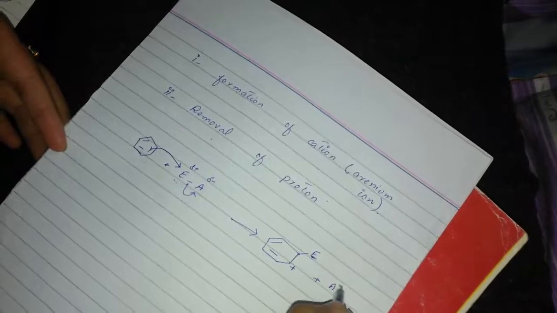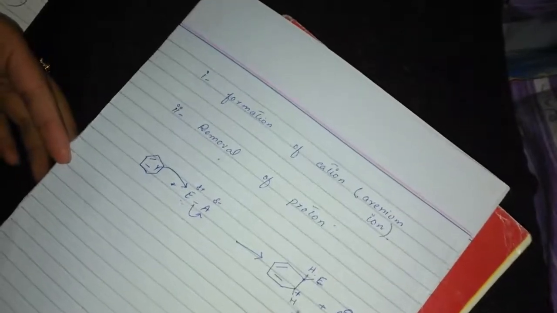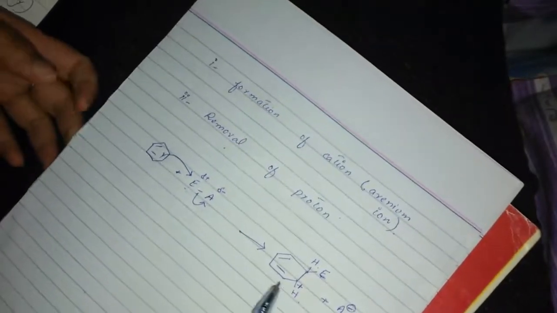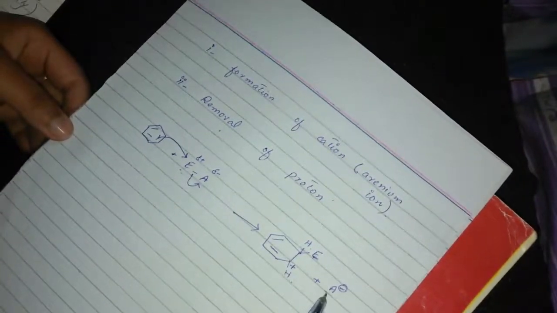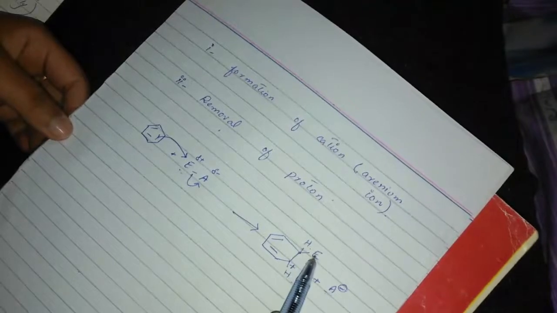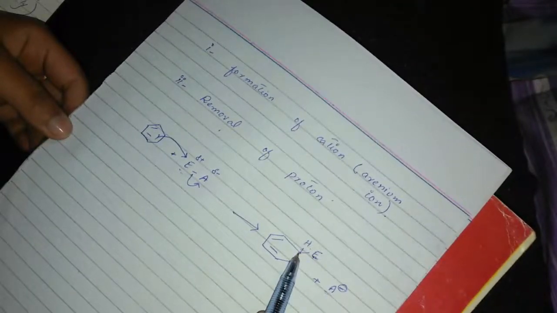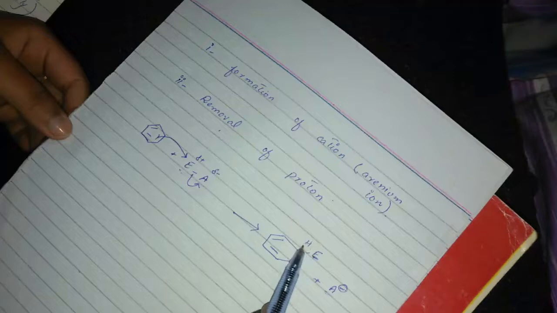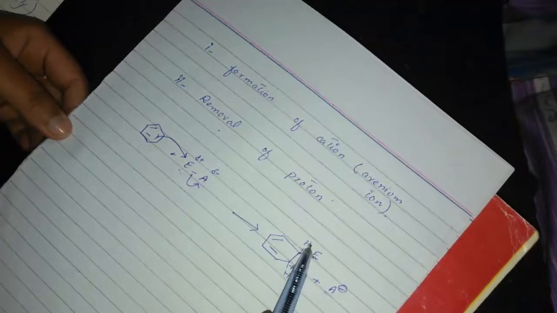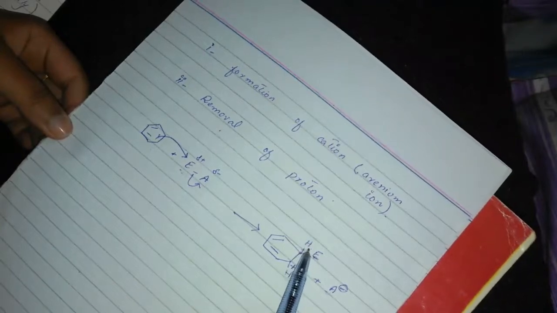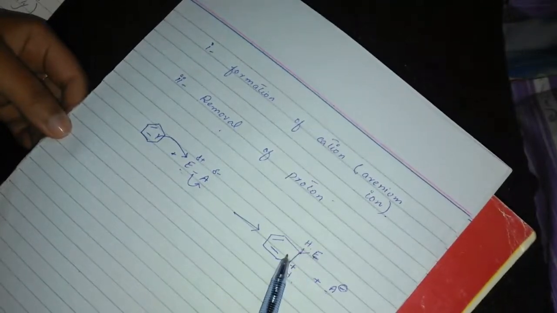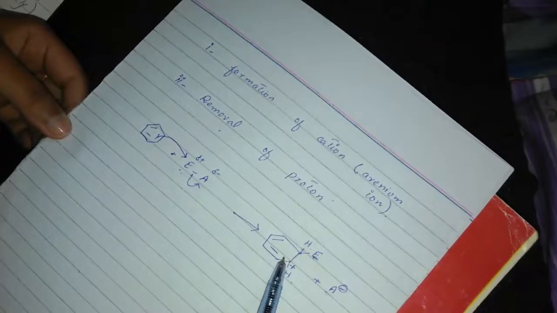Now it also has a proton over here, and now the base acts as a nucleophile. It will attack the proton attached to the carbon atom bearing the electrophile. Both electrons of this bond will become part of the ring, and it will regain its aromaticity.